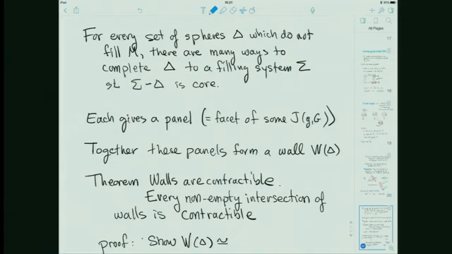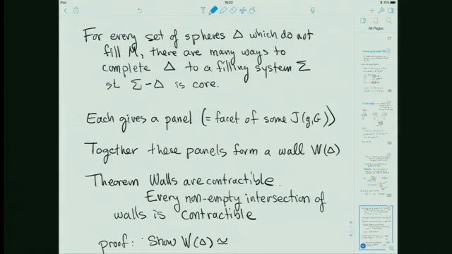Every time I have a sphere system that doesn't fill up M, then there's a core graph somewhere. Then I can fill it up in lots of different ways by things that will give me core graphs in the resulting thing. So if I start with this sphere system, which doesn't fill up the 3-manifold, I can complete it in lots of ways, and for every way of completing it, I can look at a core graph inside there that will give me a facet of a joule.